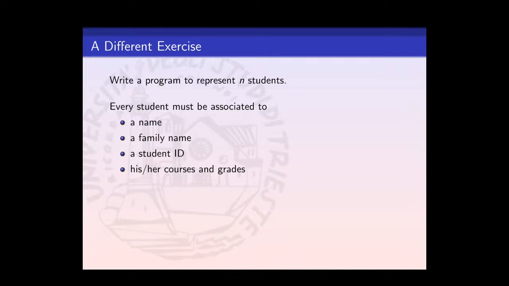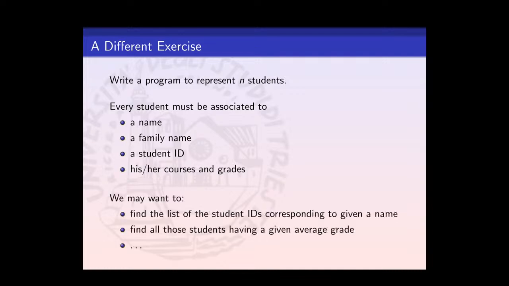And you know that each of these students has a first name, a family name, an ID, and of course each student has a set of courses and marks. Okay. So how can we represent this kind of data structure in our programs?